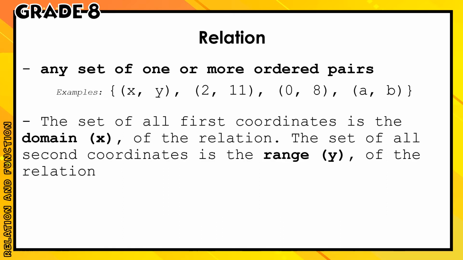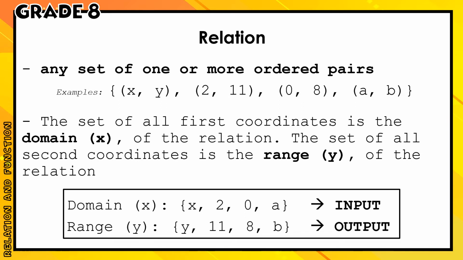The set of all first coordinates is the domain or x values of the relation, while the set of all second coordinates is the range or the y values of the relation. Ano naman natin na pag meron tayong ordered pairs, we have a value for x and we have a value for y.